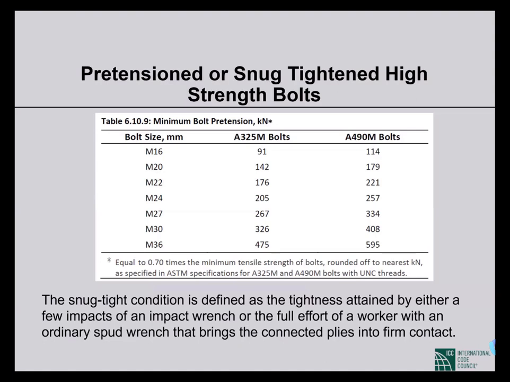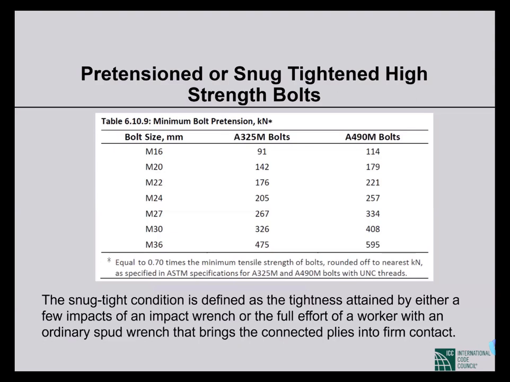We can give that pretension with a power wrench, an electric type of power wrench, or we can use a manual method. When you use a manual method, it's called snug tight.